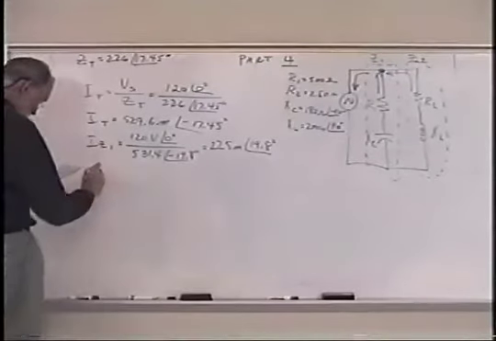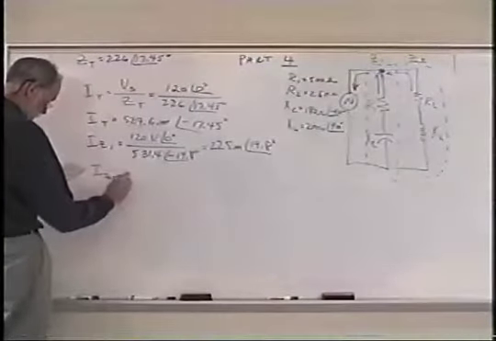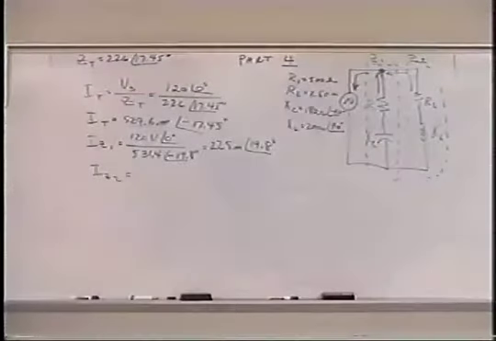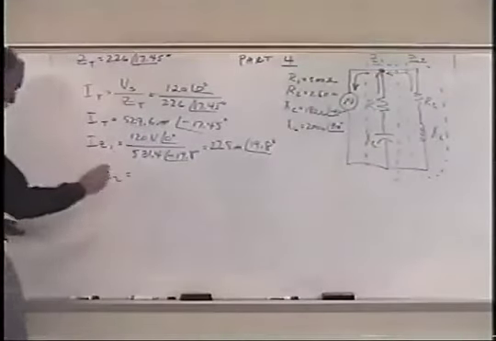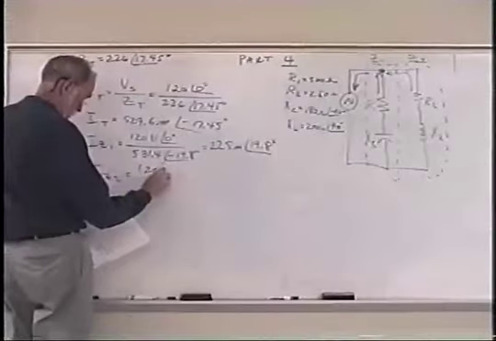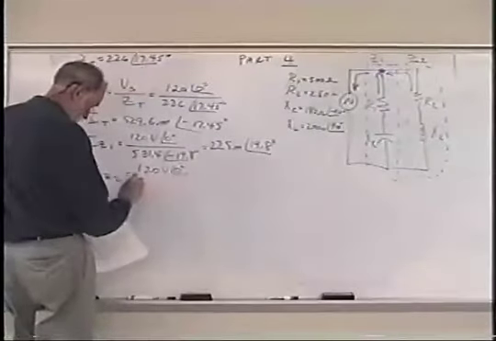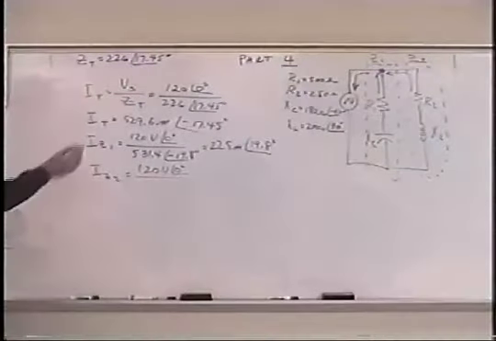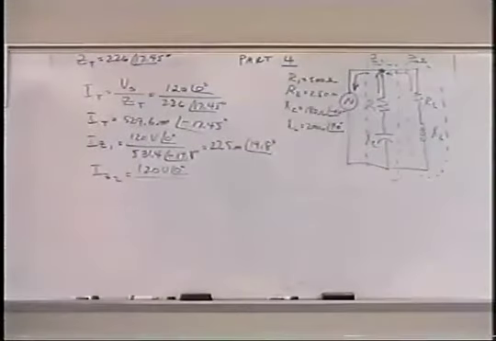Now then, IZ2 is worked out in a similar way. We take the 120 volts at an angle of 0 degrees and divide by Z2.